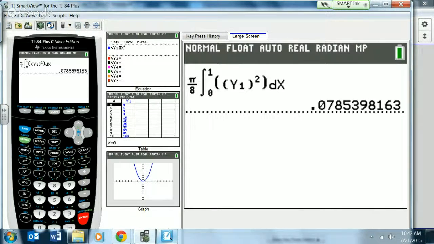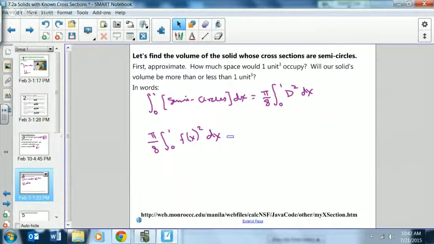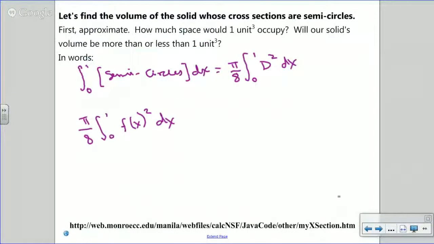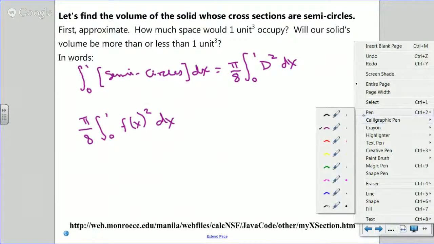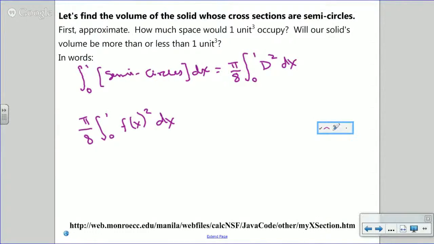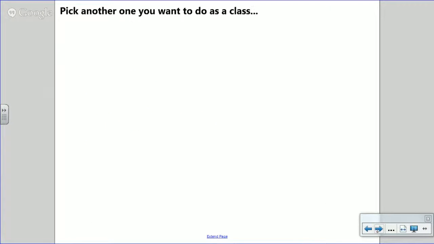In AP, you can either round or truncate, so 0.078 is fine. So 0.078 or 0.079 would have been acceptable too, either one. All right, why don't we try another one?